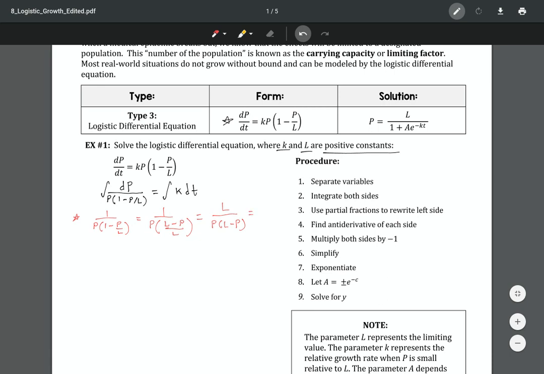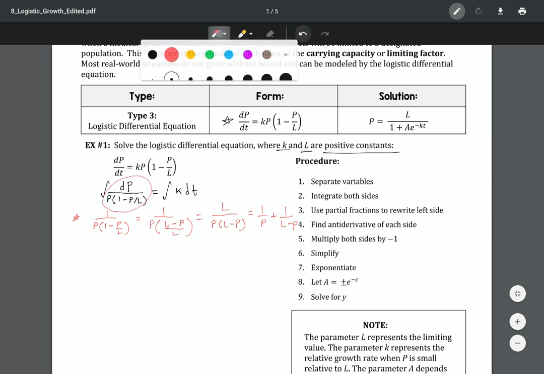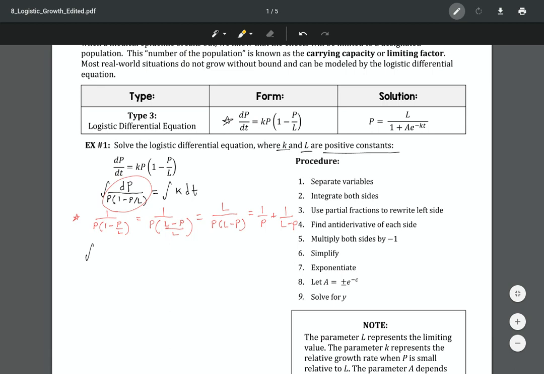Okay, and then now we're going to use some partial fractions, which I'm not going to do on this because we're going to do another example like this, so you'll see me do it. But when I use partial fractions, I would end up with something like this. Okay, so now all of this right here is going to become two integrals.